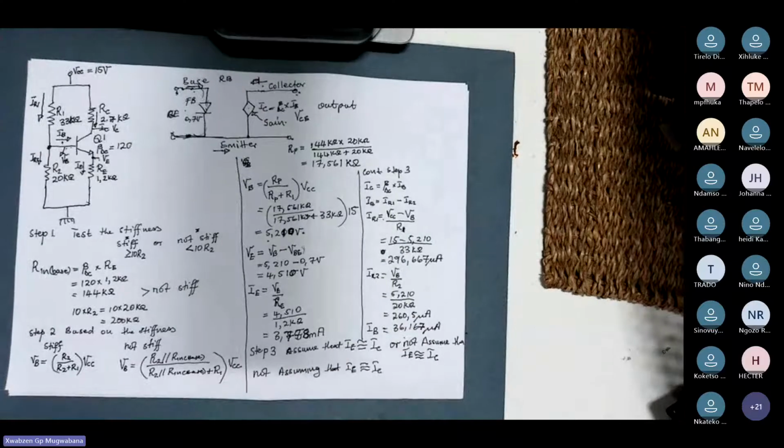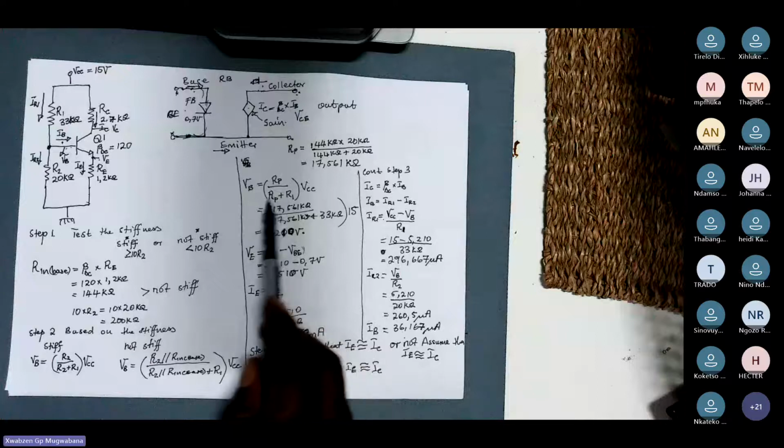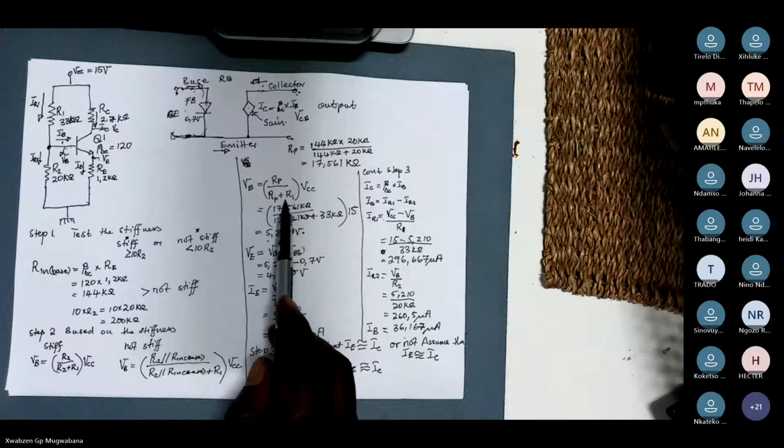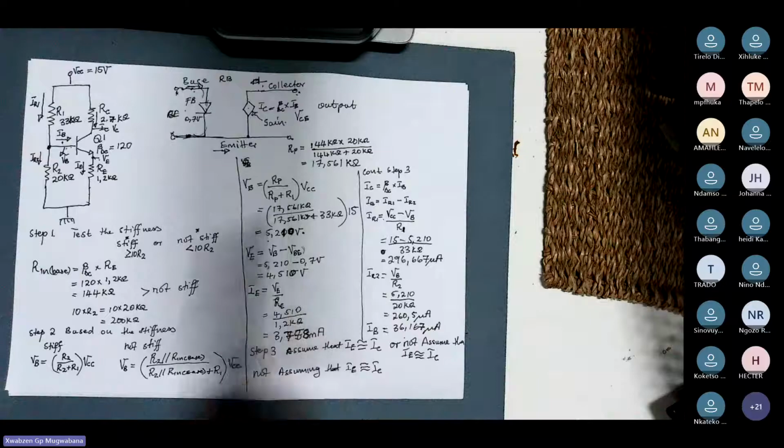Where did you get lost? I got lost on the formula, the one for stiff. But this is the formula I wrote, right? What are you copying, or what are you following?